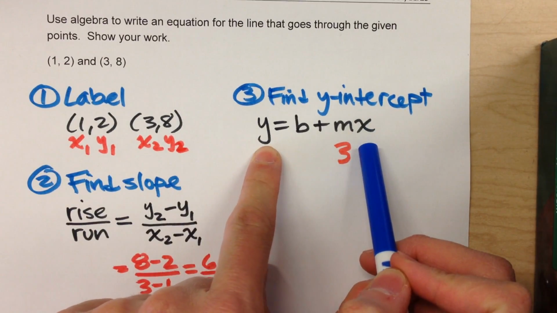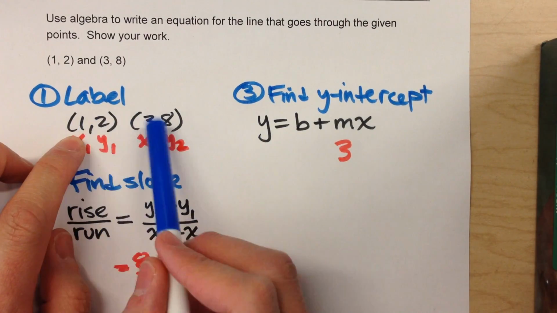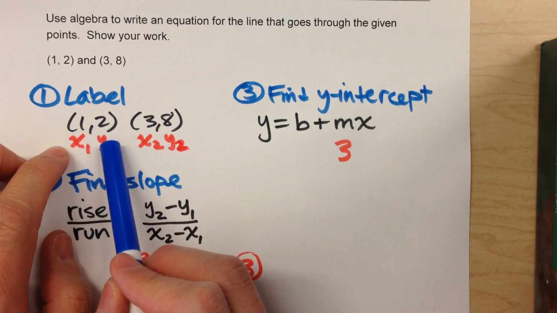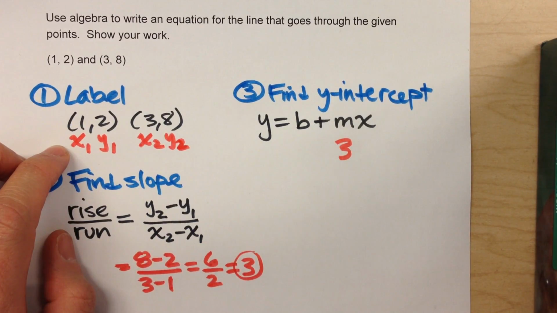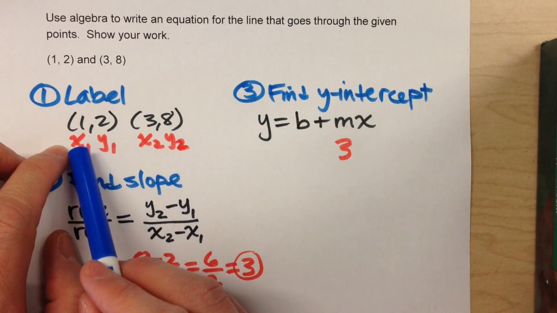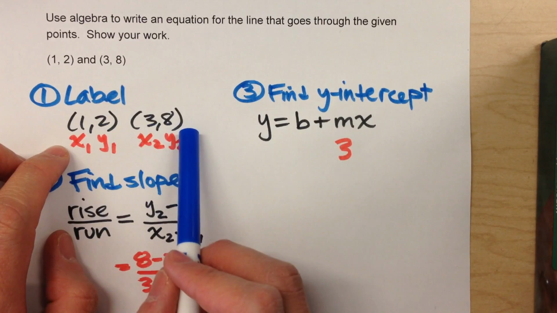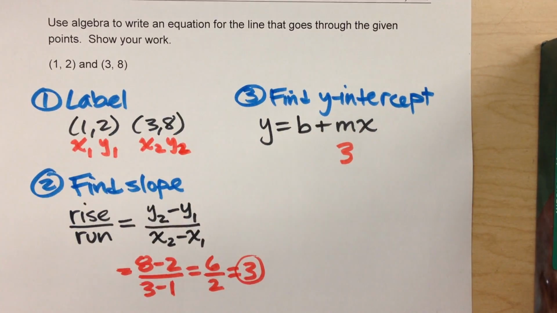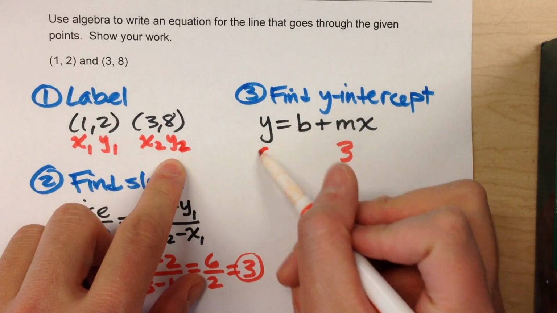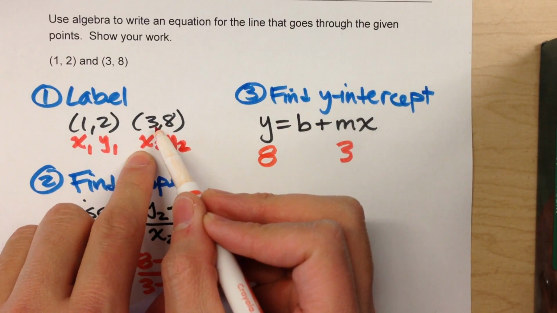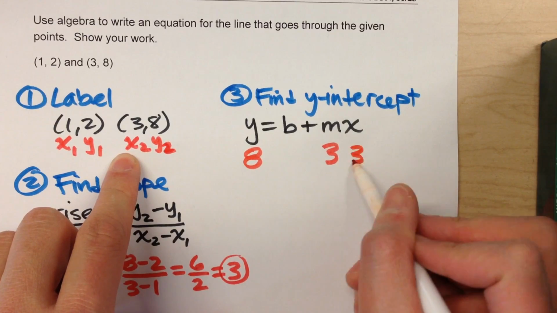The x and y, we can use one of our coordinates into our equation. And it doesn't matter which one you want. You could choose whichever one you want. We could do 1 and 2 or 3 and 8. Let's do 3 and 8 since it's a little more interesting. So I'm going to take the y coordinate from here, which is the 8, put it here. I'll take the x coordinate from here, put it here.